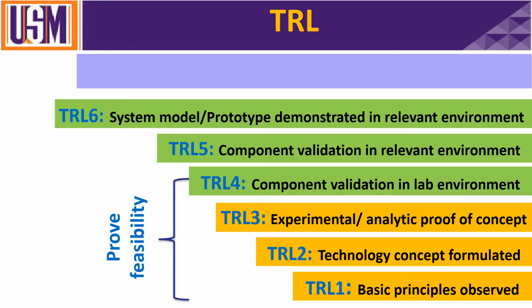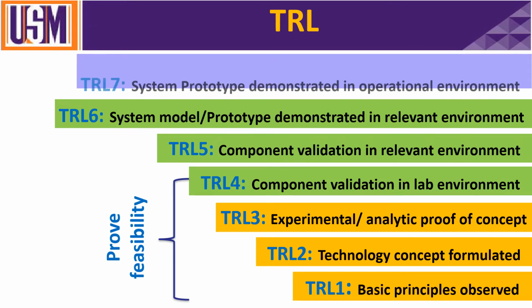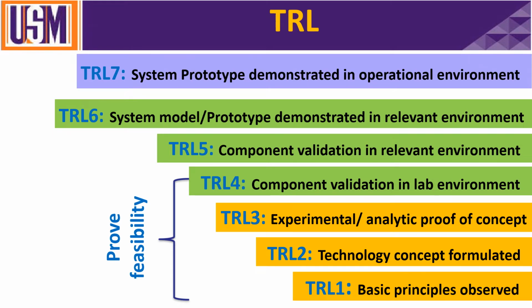So you combine many components in your system. Then you do prototyping for the system, not for the component, also in a relevant environment, not the lab environment. Then TRL 7, you have the system prototype demonstrated in an operational environment.